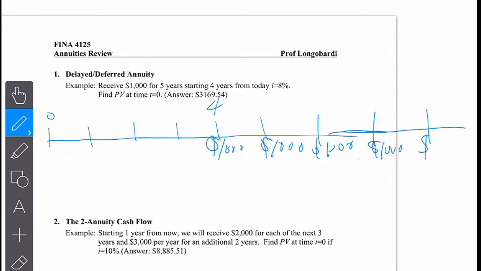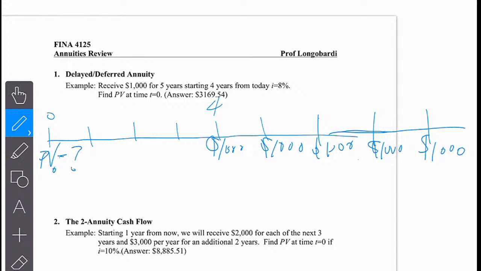This is what you should have drawn. Okay, maybe nicer than mine. That's all we're told. But we want the present value now of this amount. I gave you a bunch of formulas.